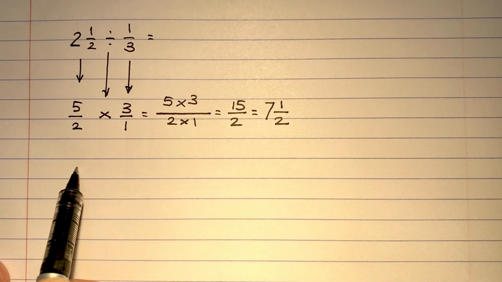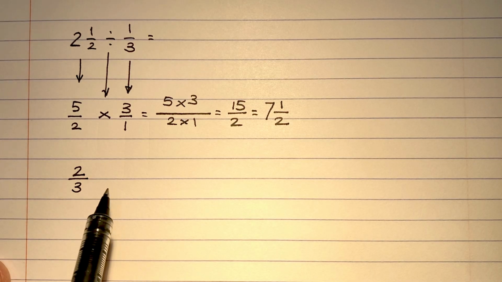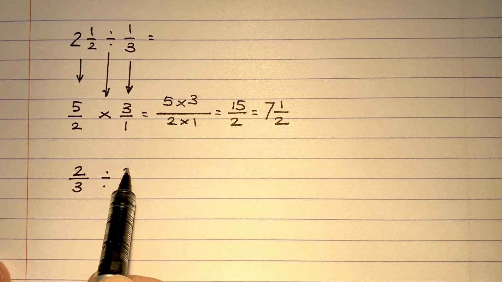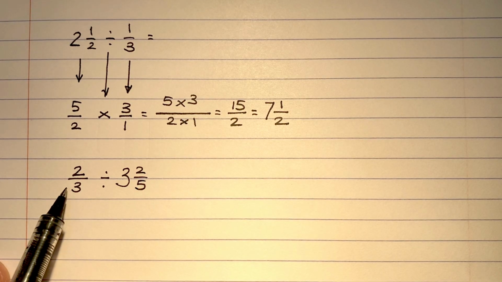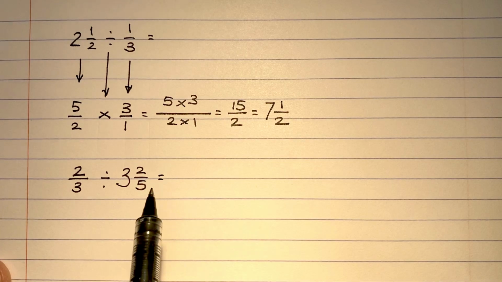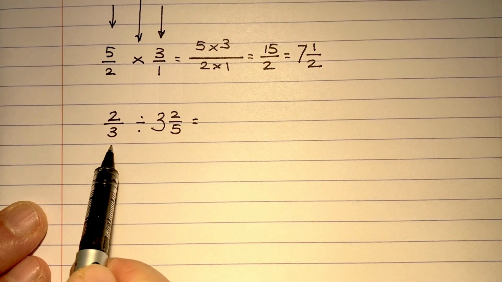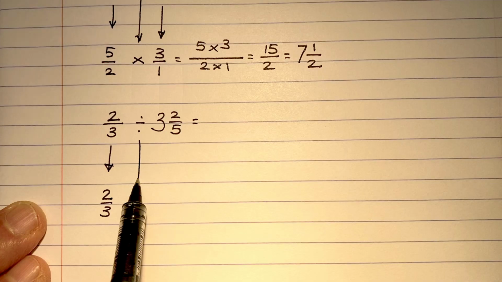Next one. 2/3 divided by 3 2/5. Yes, you can divide a small number by a bigger number. So the answer is going to be a much smaller number. Keep. Change.